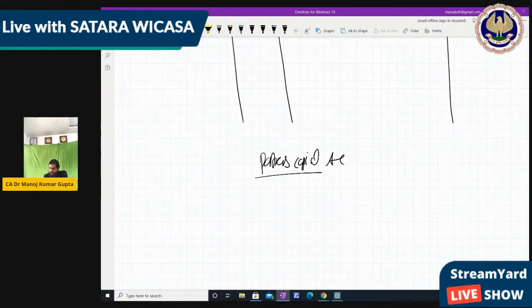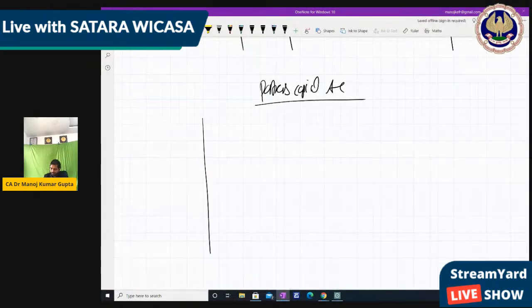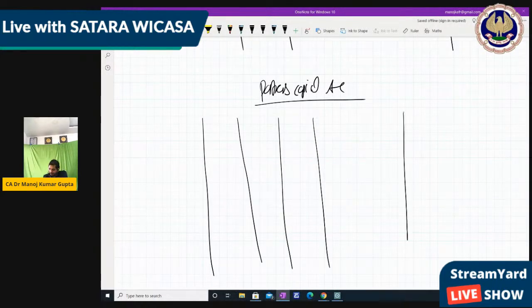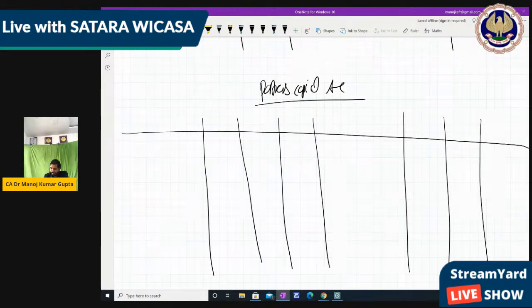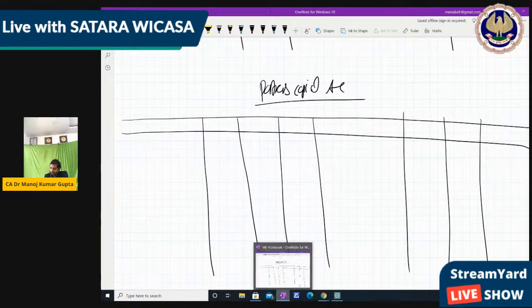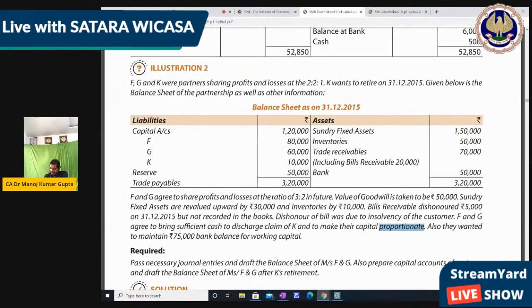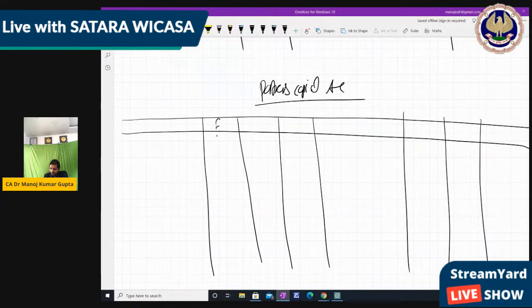Then the partners' capital account. There are 3 partners, make 3 columns. Partner names are F, G, K, where K is going to retire, so we can cross out K, right?